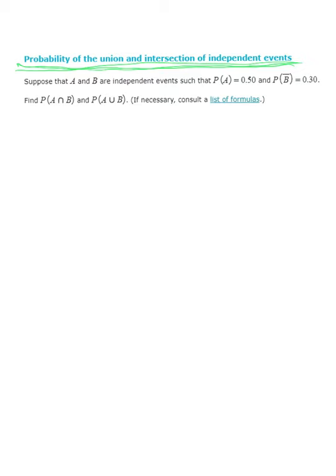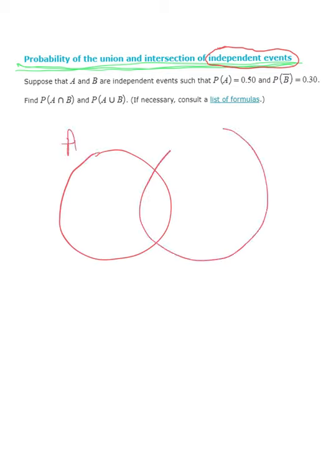But here's the thing you need to understand: when you see independent events, you're going to have a situation like here's event A, and here's event B. And if these events are independent, this area, this intersection right here, is going to equal the probability of A times the probability of B. That happens when you hear independent. You got to know that that intersection right there is equal to the probability of A times the probability of B. Okay?